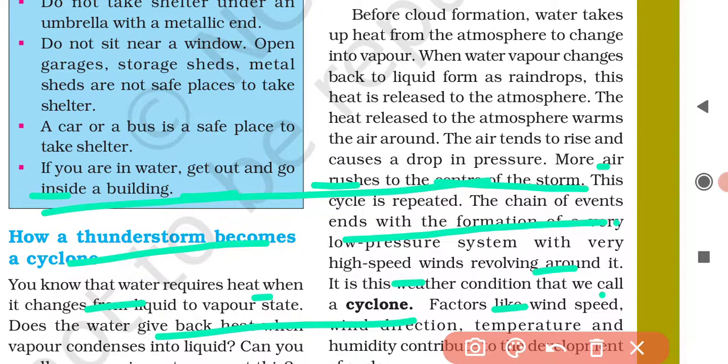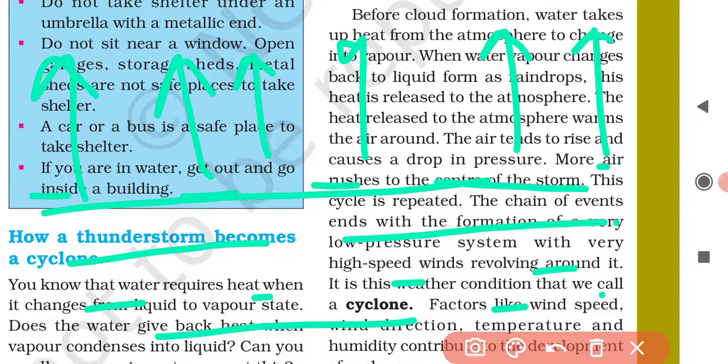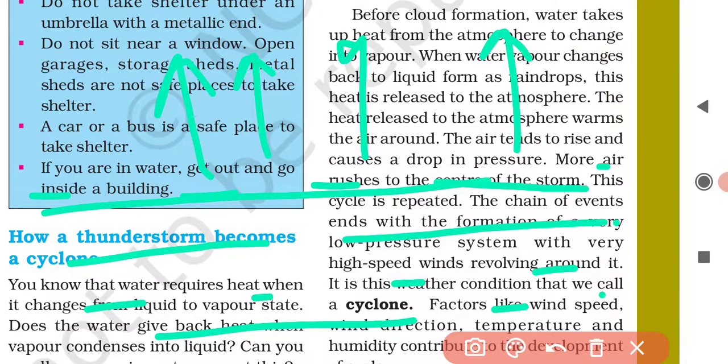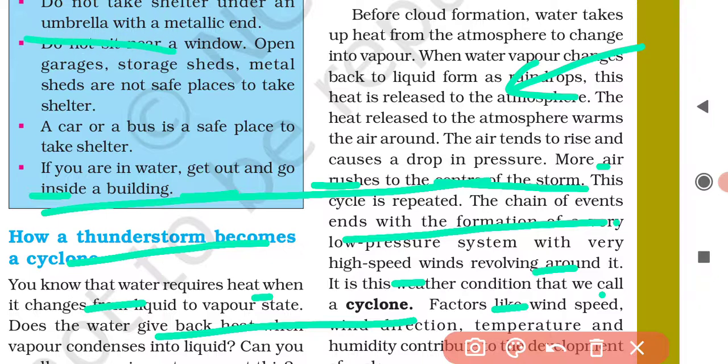Now the warm and moist air from the sea rises very rapidly, and this will create a region of very low air pressure, which causes the cool air from the surroundings to rush in to fill the vacant space of the warm and moist air.